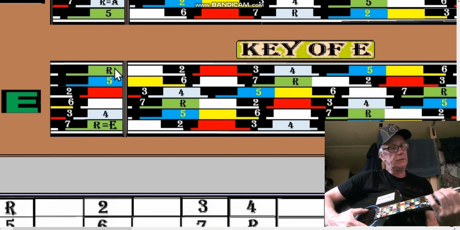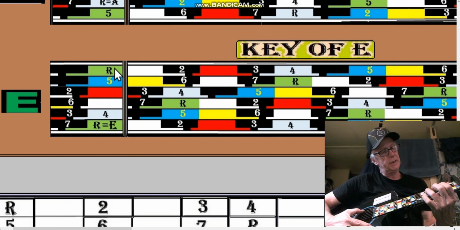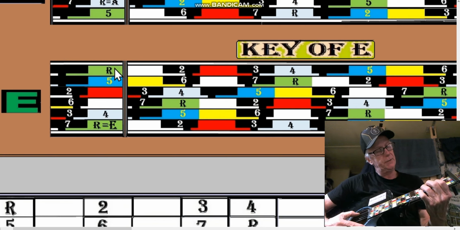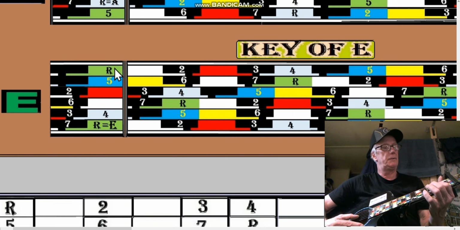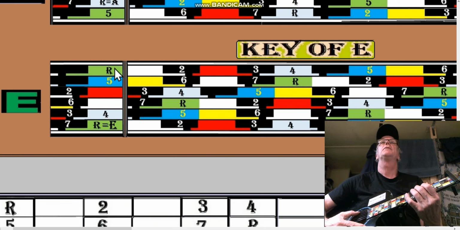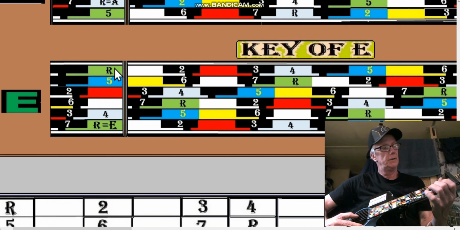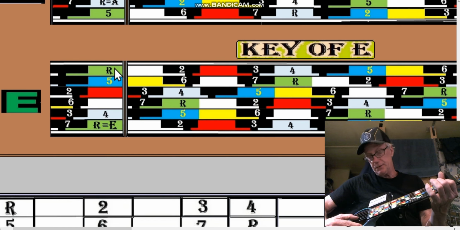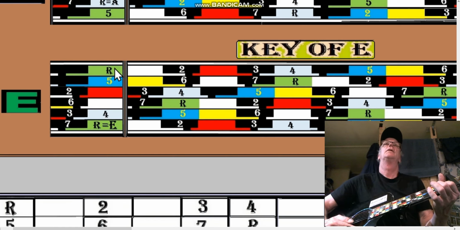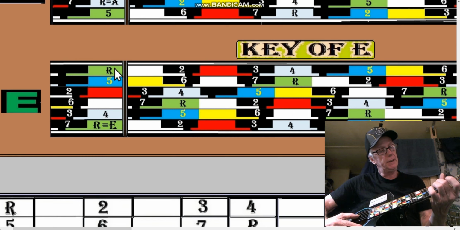So we go 1 2 3, 1 2 3. Then 3 to 5 root. Then 3 5 3. Okay, I think we made a mistake there. So I go root 2 3 5 root 3 5 root. Up here there's a nice first inversion. Your fingered E chord is the second inversion, right?